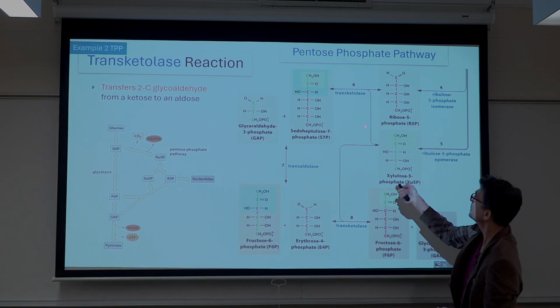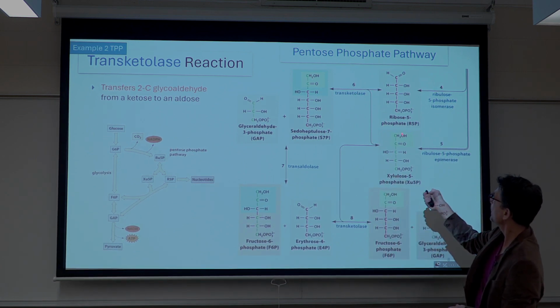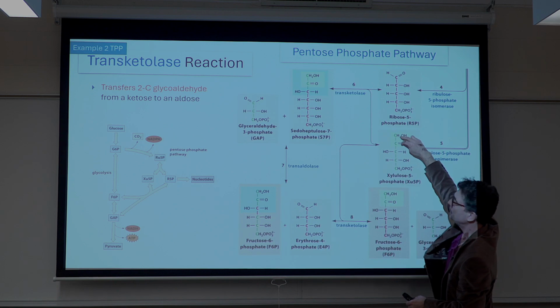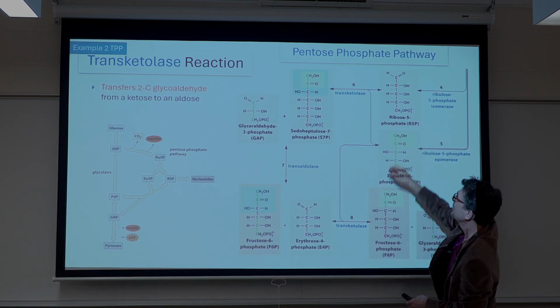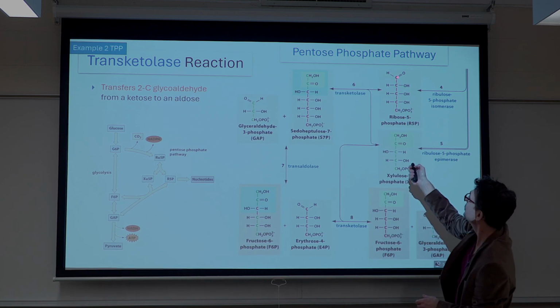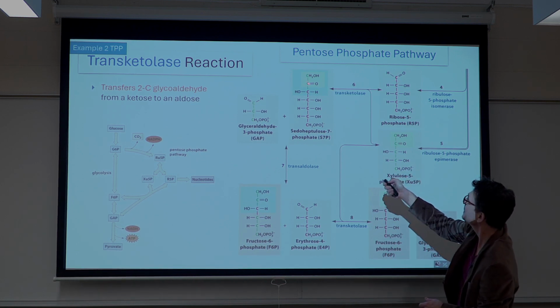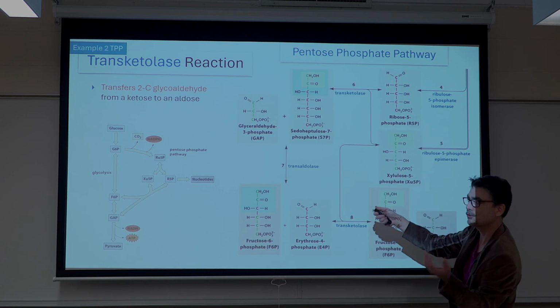Transketolase, so both of these, we've got some nice highlighting here. What it did is it took this 2-carbon fragment from this ketone and it added it to an aldehyde. See that? So it's like it transferred the ketone.